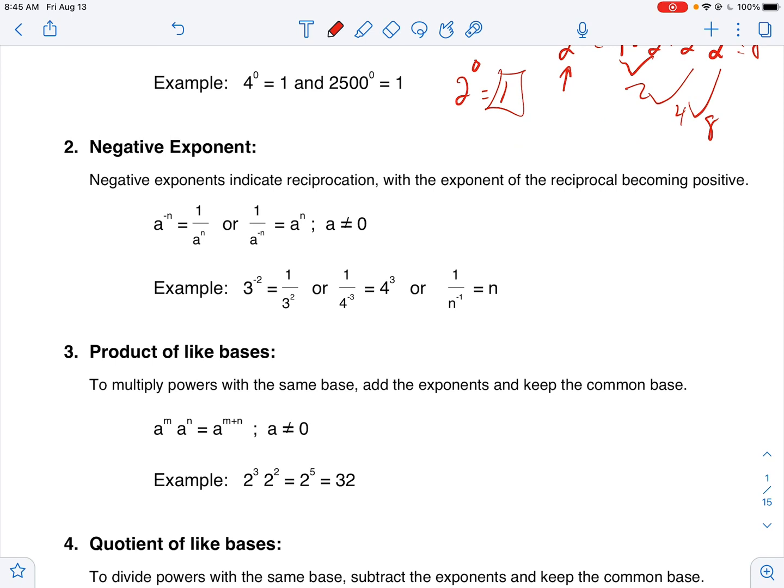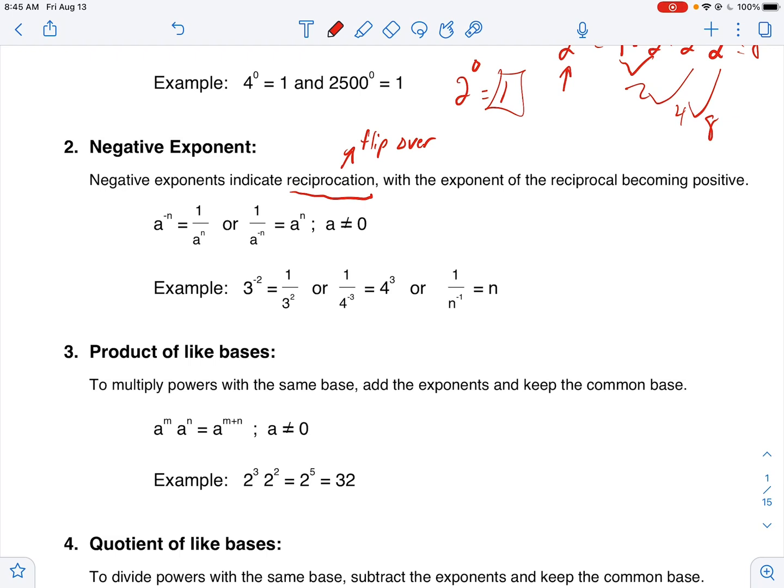Negative exponent. This is one of the toughies to do, mainly because of the way people explain it. Negative exponents indicate a reciprocation, okay? A flip over. That's what a reciprocal is, with the exponent of the reciprocal becoming positive. Okay, so when you make this change, the exponent changes from negative to positive.